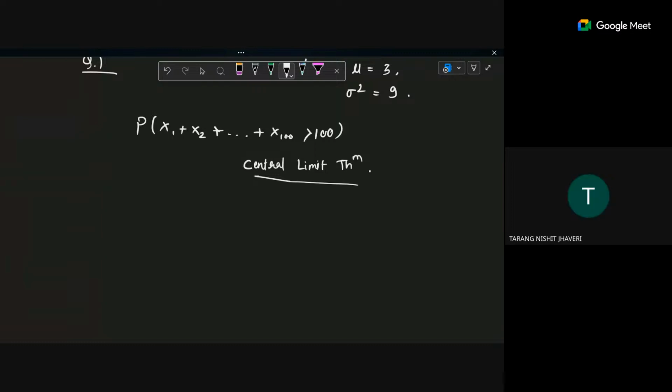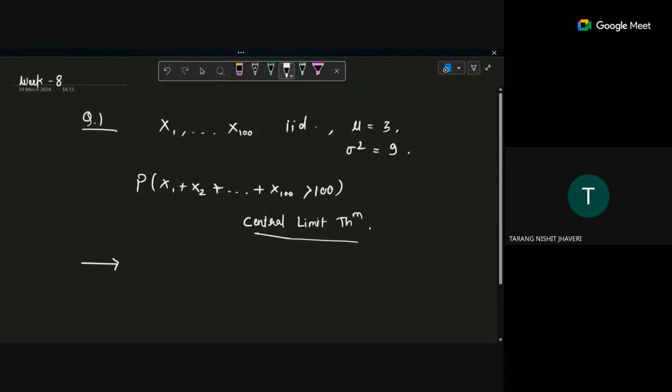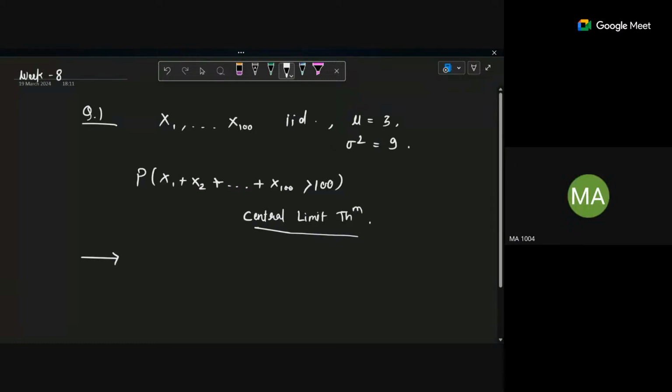Ma'am, because it is easier to solve in normal, and sometimes we don't know the distribution, it can be converted into normal. Okay, but here the only information given to us is that these are random variables with mean 3 and variance 9. Then why are we interested in standardizing it into a normal?